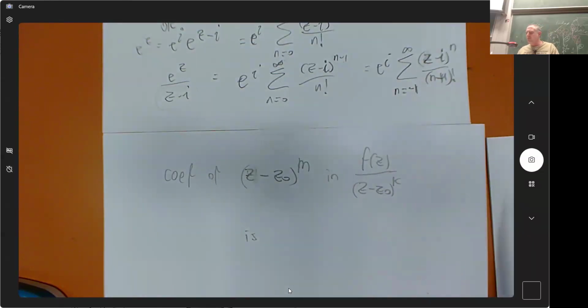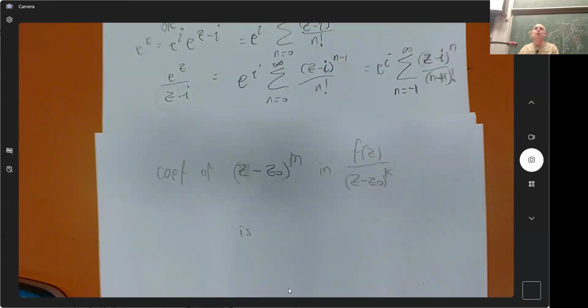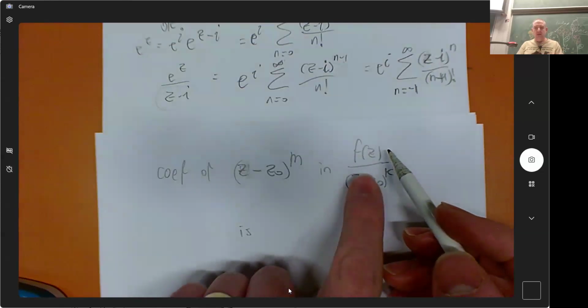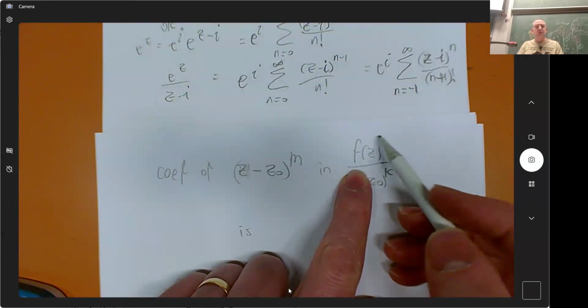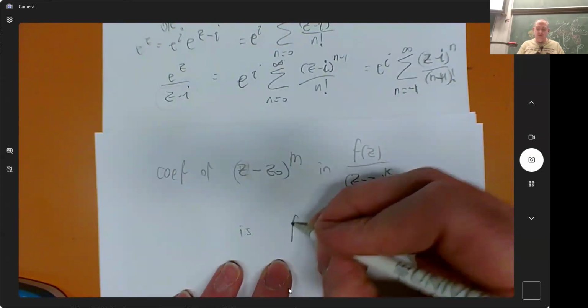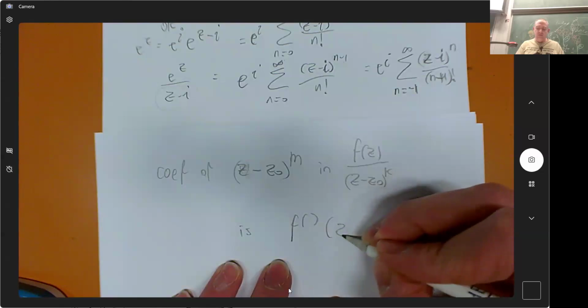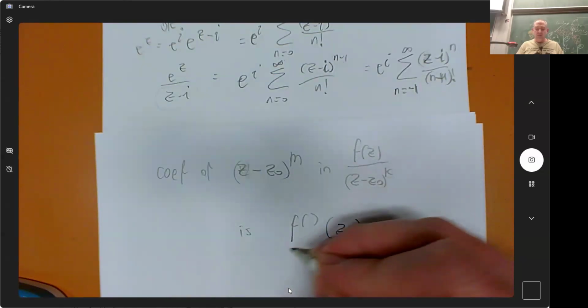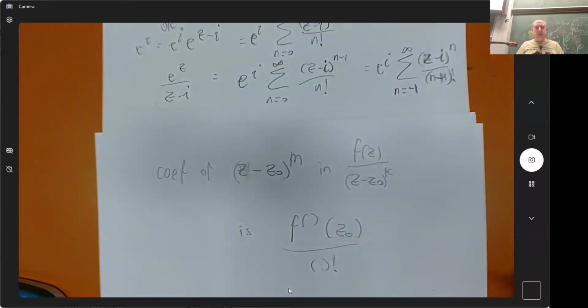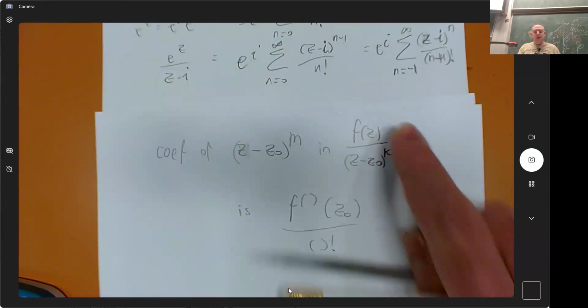Does that have a formula for this in your notes? But I can do it because I need to find the correct coefficient of this. So it'll be f, the correct derivative with z naught substituted in, divided by the thing factorial. Yep. That's what it will be, because it will be the correct coefficient of that.